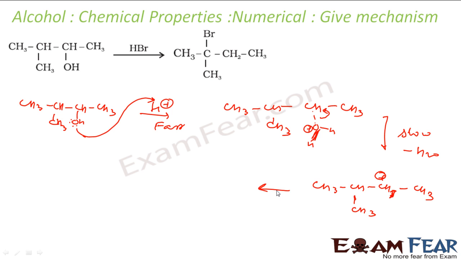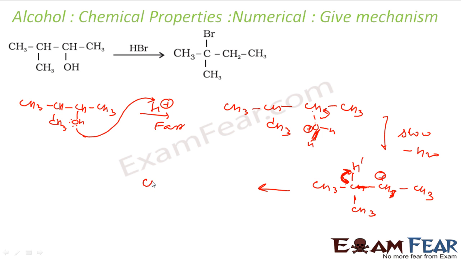There is a high chance that if we remove one hydrogen from here and keep it here, it becomes a 3-degree carbocation. I will show you. This hydrogen somehow comes here. This bond breaks and this hydrogen becomes H. This H- will come and join this, and this carbon will get a positive charge because this bond is breaking in this direction.